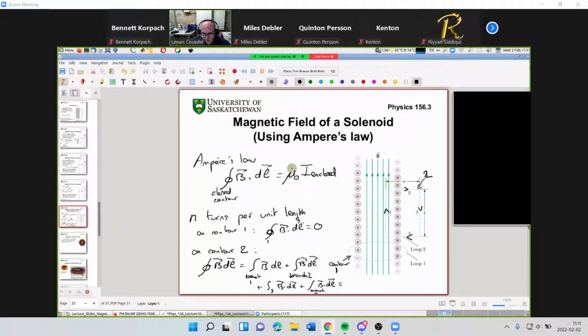And this will be equal to mu0 I enclosed. Okay, so on my closed contour, I have broken it down into the 4 sides of my rectangle.